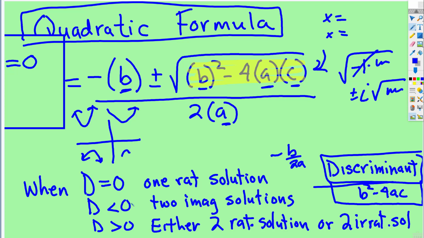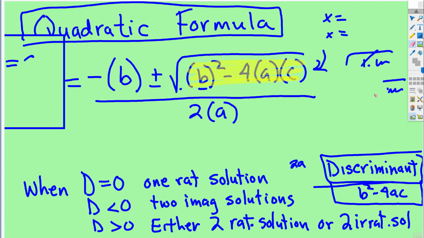So when this piece right here, the discriminant, is less than 0, two imaginary roots. When the discriminant is greater than 0, there's two possibilities.